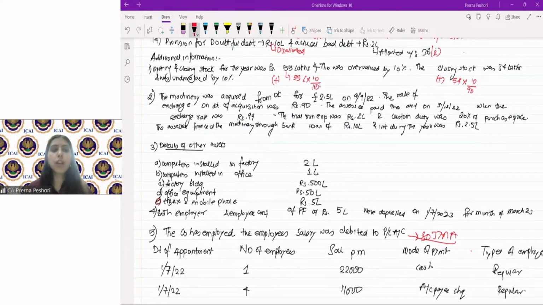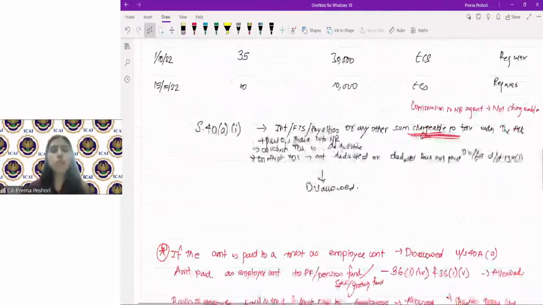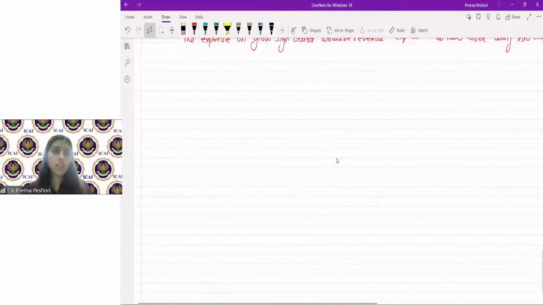Yes, what would be the cost of acquisition of the plant and machinery? Calculate, please. Yes, tell me one by one. First, we are going to put the actual cost for the depreciation. First asset is plant and machinery.